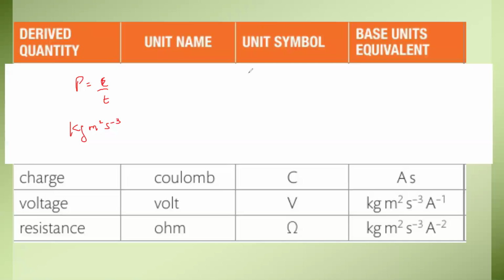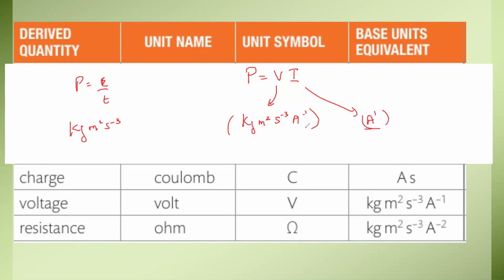But what if you use the formula that power is a product of voltage and current, and you try to solve this? Volt is a derived unit. The base unit is kilogram meter square second raised to power minus 3 and ampere inverse, and the unit of the current is ampere.